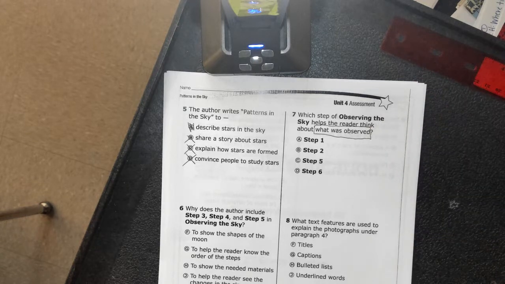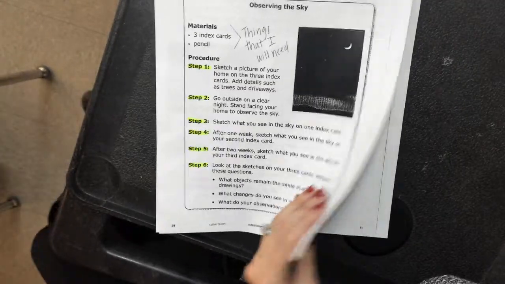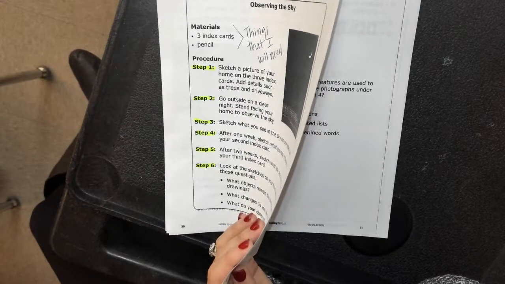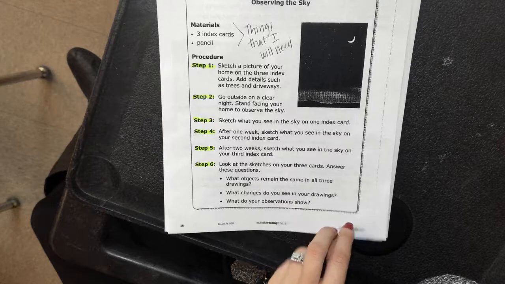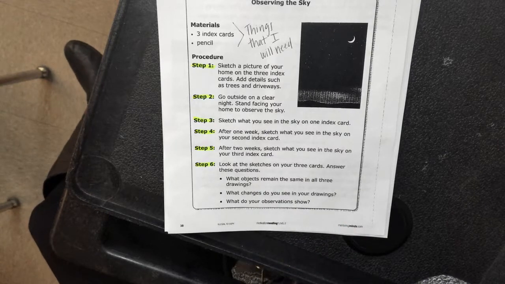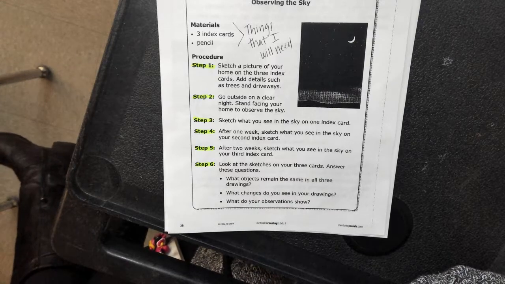So, looking back at our section where all the steps were, which step explains what we were observing? I'll give you just a few seconds to look at it. Which step is having you look at what you were observing?